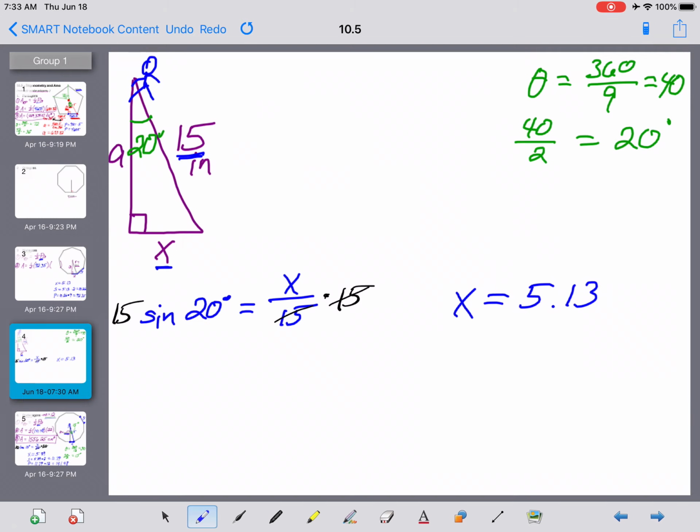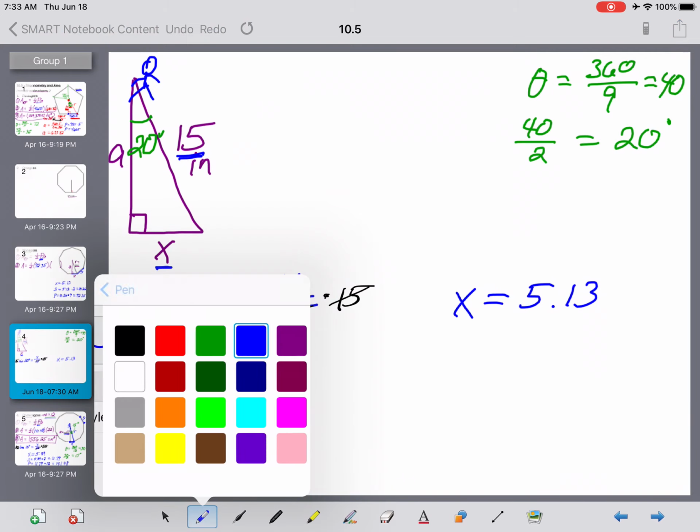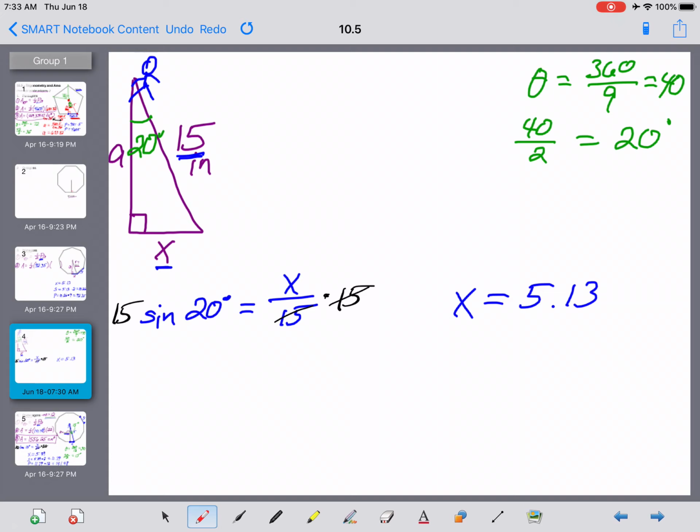So let me go back to this page right over here, and I'm going to switch to red in order to do this. Okay, to set up an equation for the apothem, from your vantage point right up here, the apothem is your adjacent leg. You still want to use the 15, which is your hypotenuse. So with sine, cosine, tangent, adjacent leg over hypotenuse is the definition of cosine.